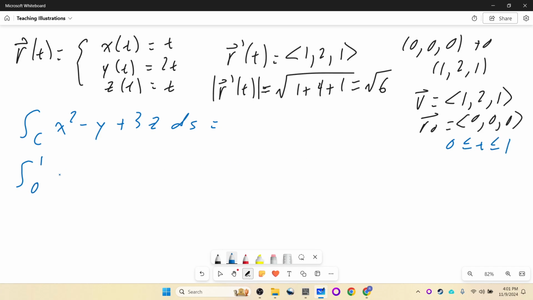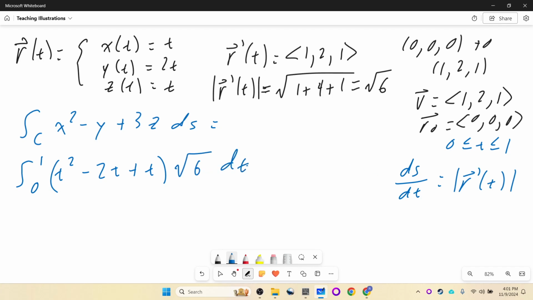So the integral from 0 to 1 of t squared minus 2t plus t, and then ds. This here, ds over dt, is the same as the absolute value of r prime of t. So we replace ds with root 6 dt.